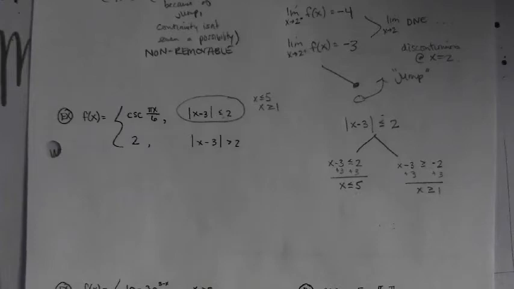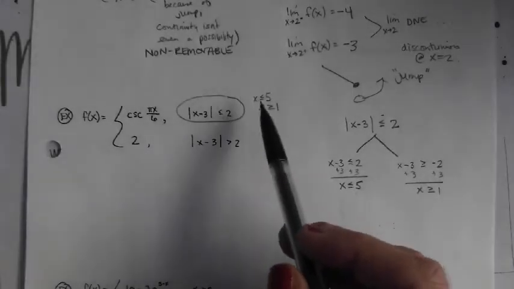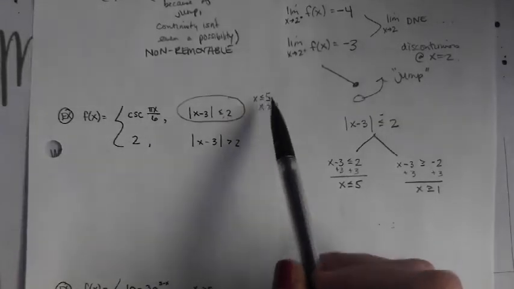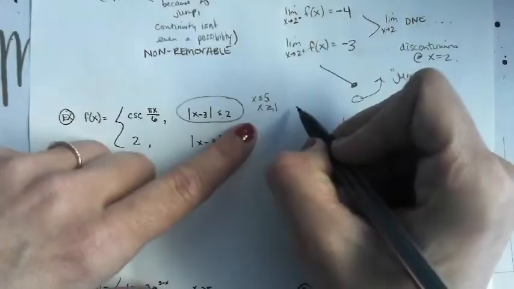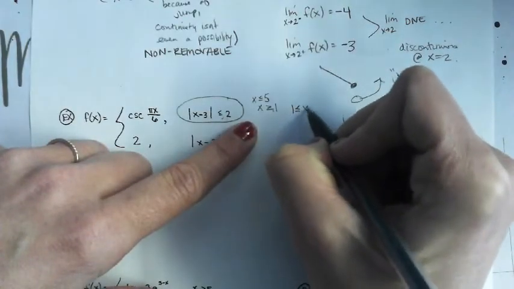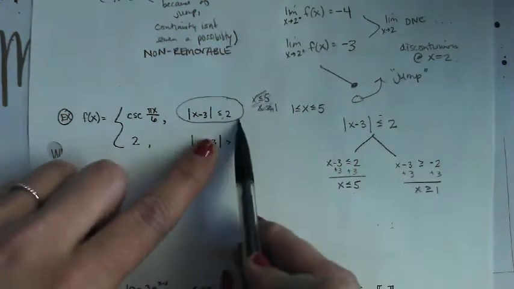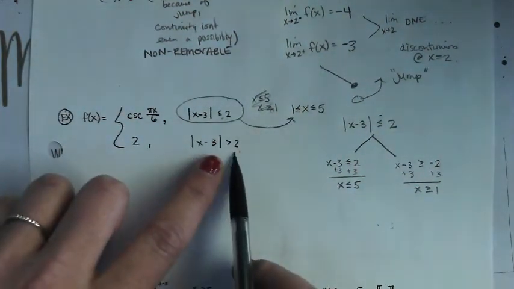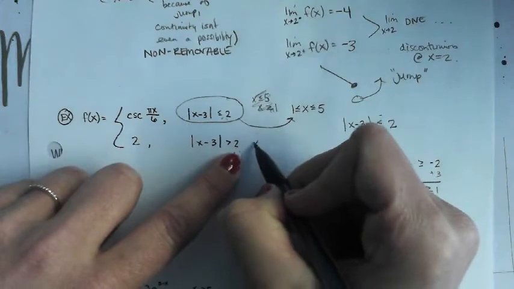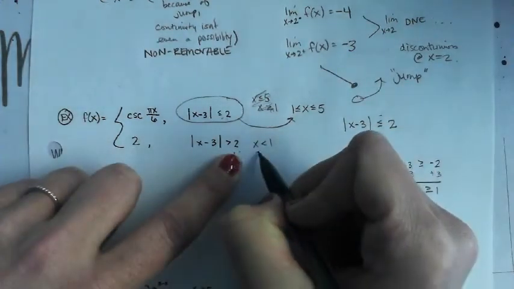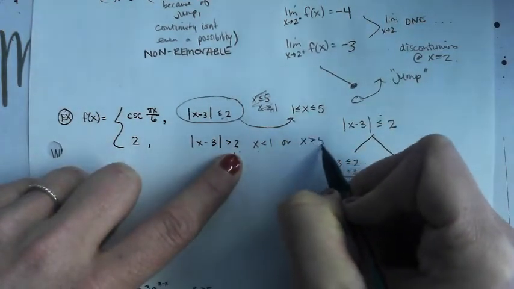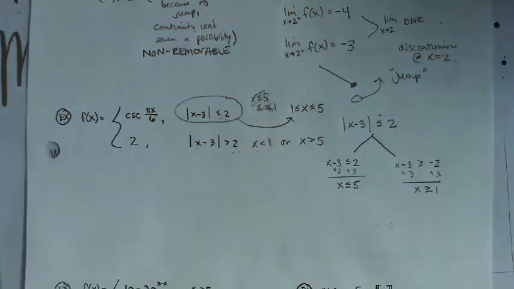So really, when it's between 1 and 5, does this make sense? When x is less than or equal to 5 and x is greater than or equal to 1, essentially that is when x is between 1 and 5. That's really what that is saying. Everywhere else, which is going to be anytime x is less than 1 or anytime x is greater than 5, we're going to follow the second function.